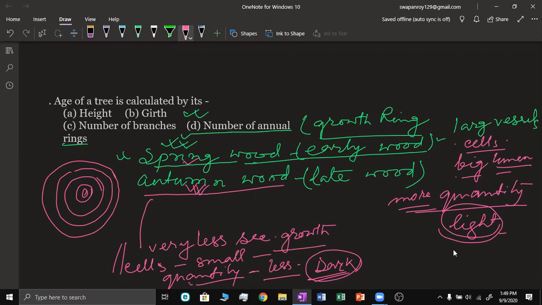So in a year, one ring of springwood and one ring of autumn wood is formed, and these two together, as it is produced annually, one in 1 year, is known as annual ring. So the age of the tree can be determined by counting the number of annual rings.